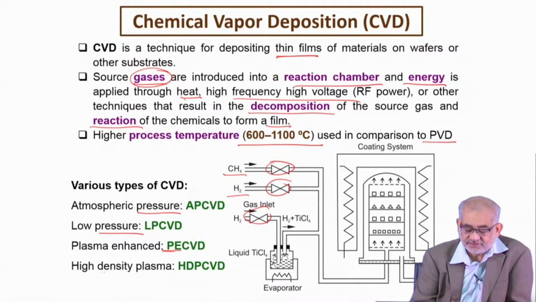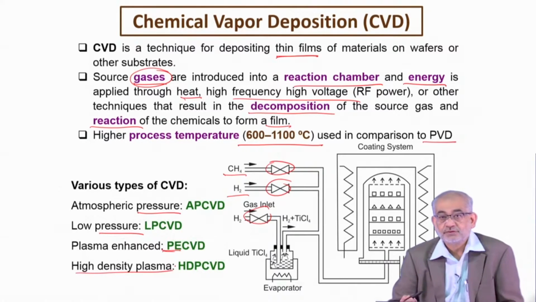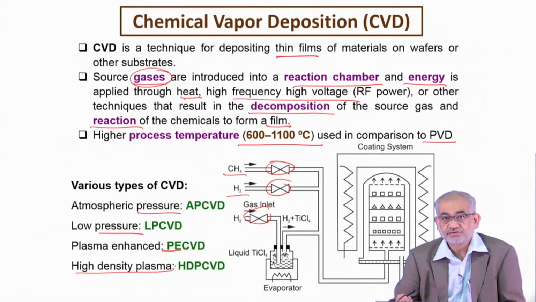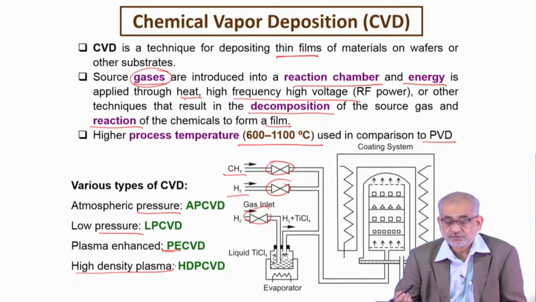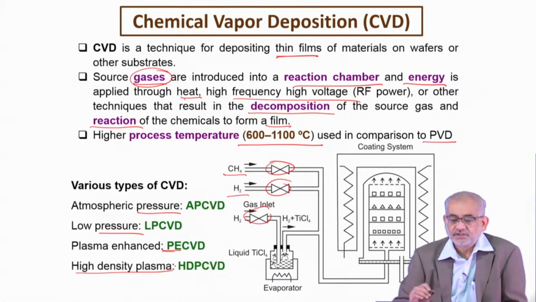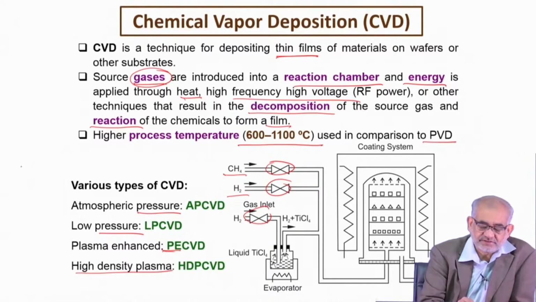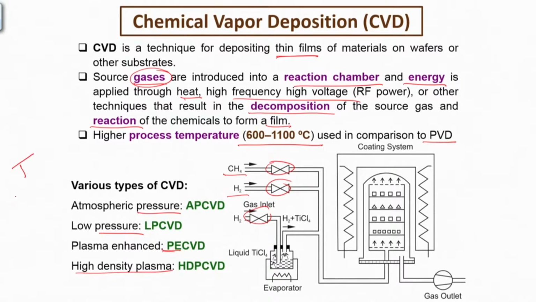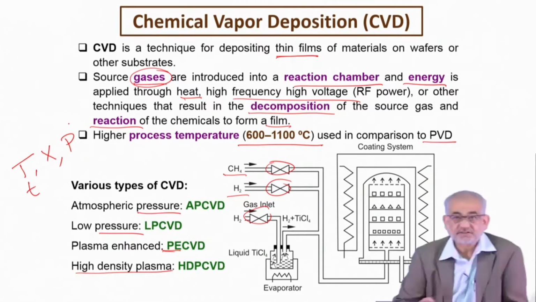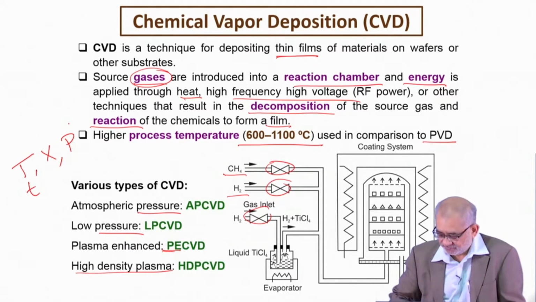We can even create a fairly high density plasma where we intend to produce not only thicker but also more complex films. So all these variations are possible. The variables we are talking about are the temperature, the composition, the pressure, and of course the time. All these are major important parameters for the CVD process.